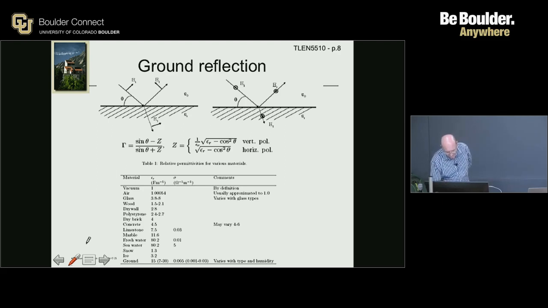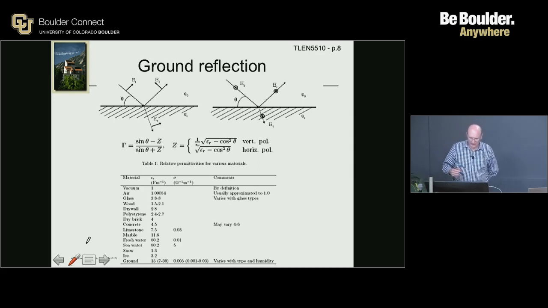Same thing here. You can assume the incident electric field coming out and the reflected one also coming out. Some will take the opposite convention and have it go in a different direction, and that may change the sign of your coefficient, but it doesn't really matter too much.